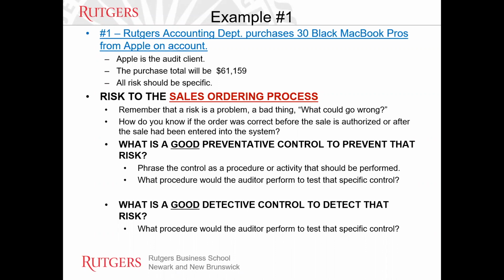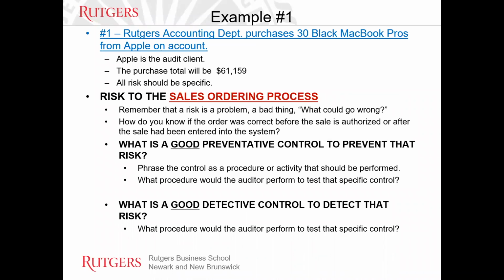If the risk was the sales associate records the wrong item on the sales order, the control to prevent that is before recording the sales order in the system, the sales associate checks or confirms with the client, or asks the client, is this the item that you ordered, before they enter it in the system. If they do it after, it's a detective control, still using the same word.